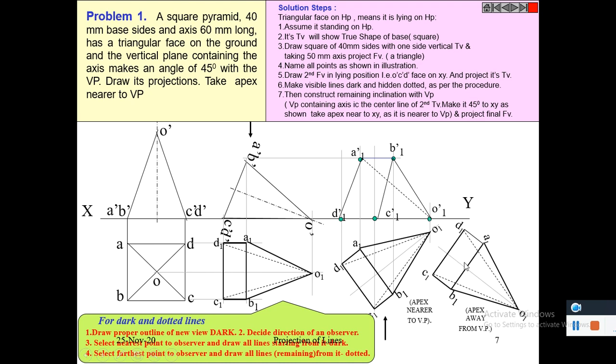In this figure, the apex is drawn away from VP. Here the apex is drawn nearer to VP, and here it's another view in which the apex is drawn away from VP. So these are the three steps: first, second and third. 3 steps are to be followed.